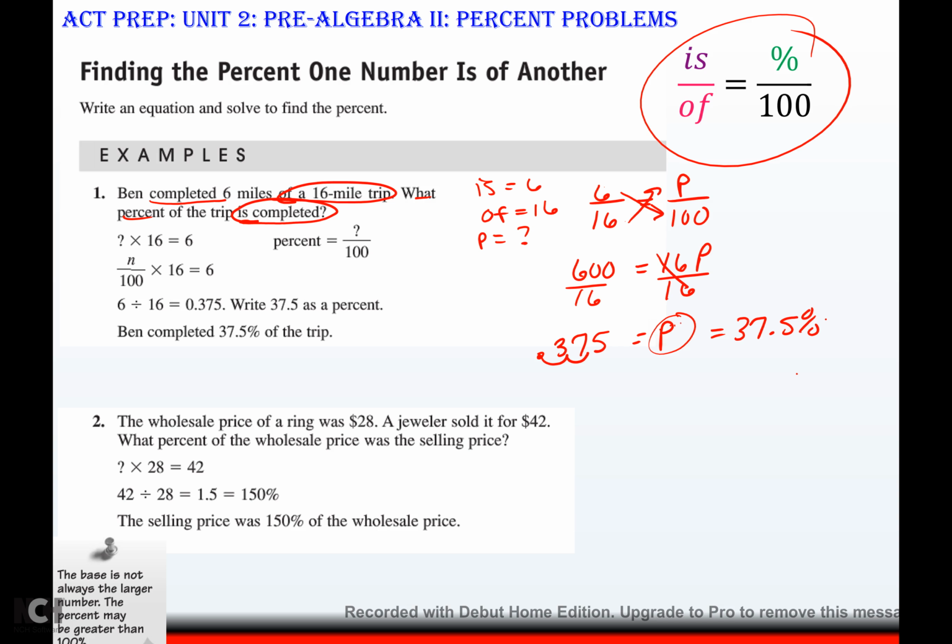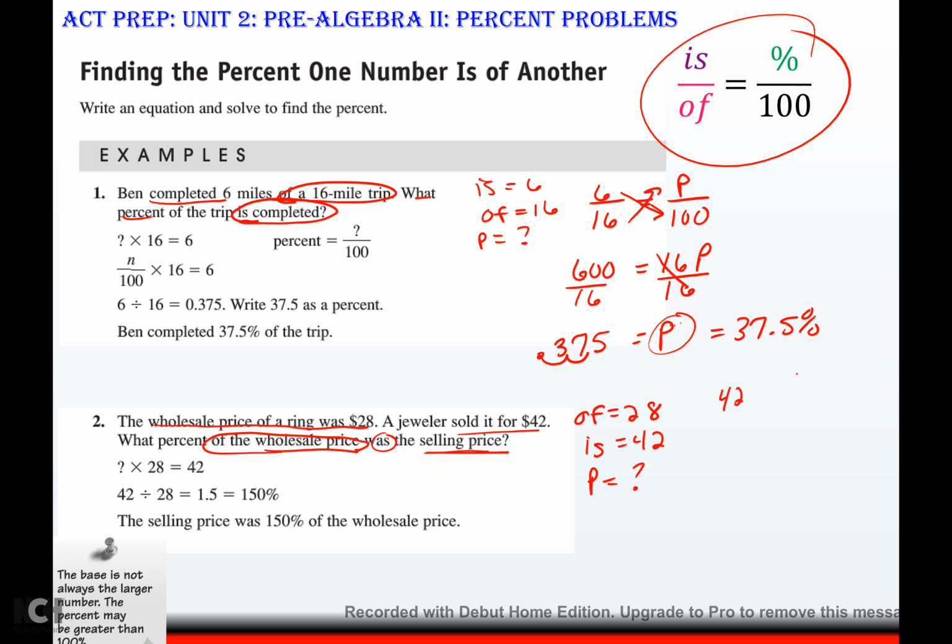Number 2, the wholesale price of a ring was $28. The jeweler sold it for $42. What percent of the wholesale price was the selling price? So your of is the wholesale price, so of equals 28. And it's saying was, that's a past tense of is, the selling price. He sold it for 42. So is equals 42, and they want to know P again.